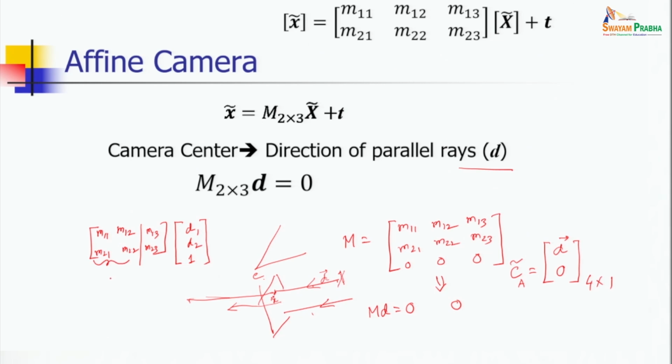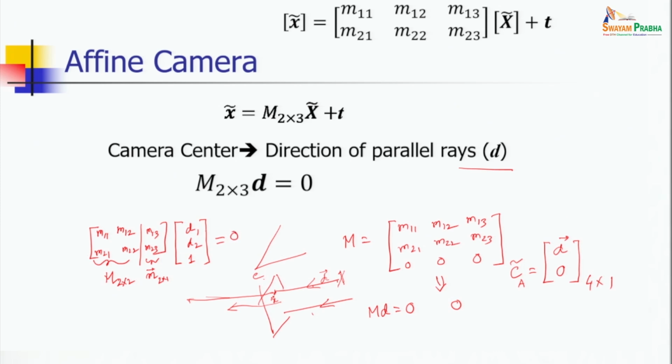So let me write this submatrix as M2 cross 2, and this one as M2 cross 1. Okay.